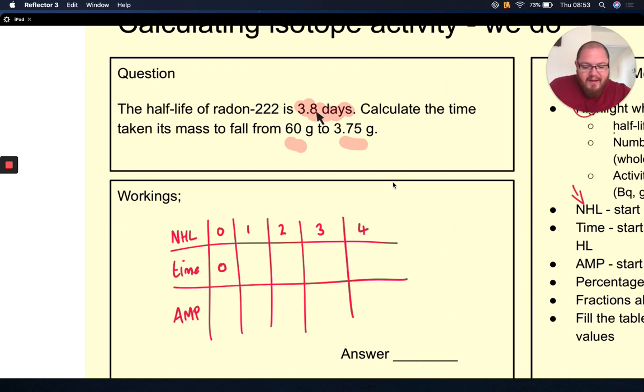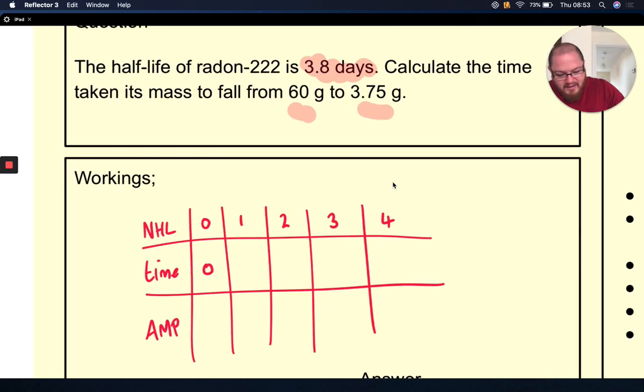So my half-life, the time it takes to decay by a half, the half-life is 3.8 days. So I know now after 1 half-life, it's going to be 3.8 days. What's going to be 2 half-lives? Well, it's going to be 3.8 plus another 3.8.